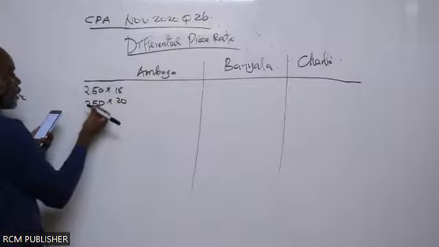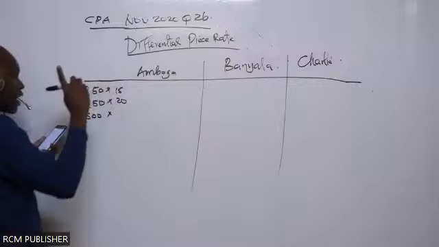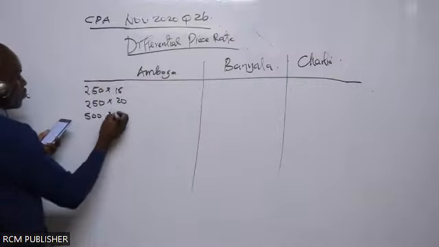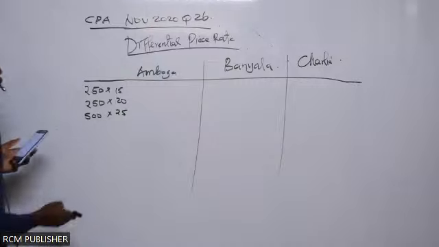So this one already has taken 500. Though what was produced is 2,000, we are going to have another bracket from 501 to 1,000, which is entitled to 25 shillings.